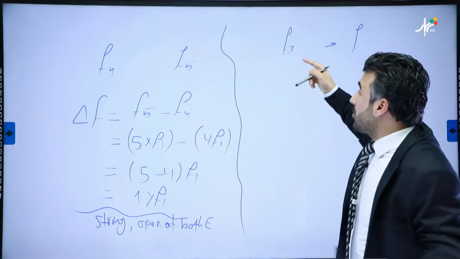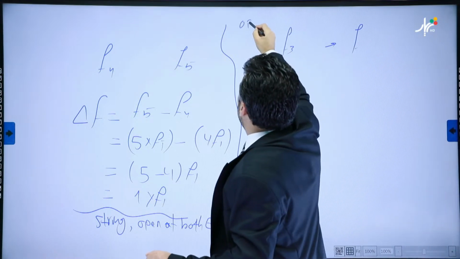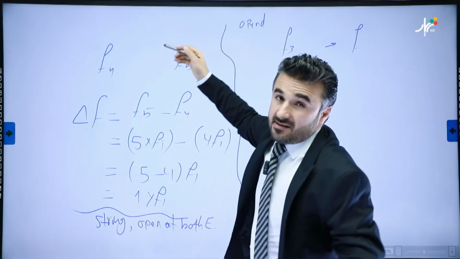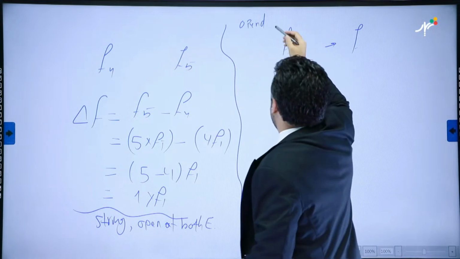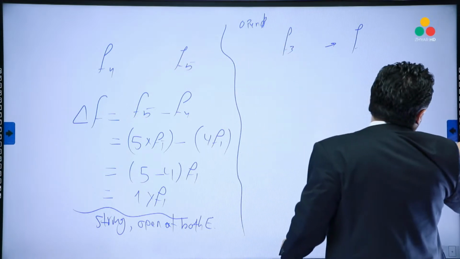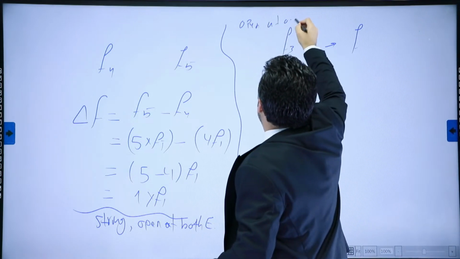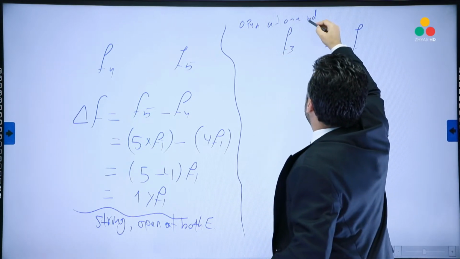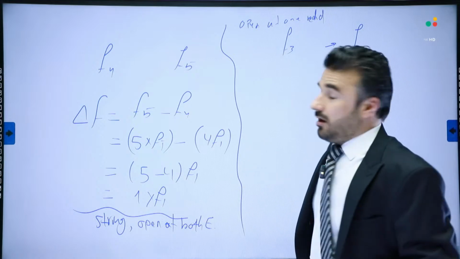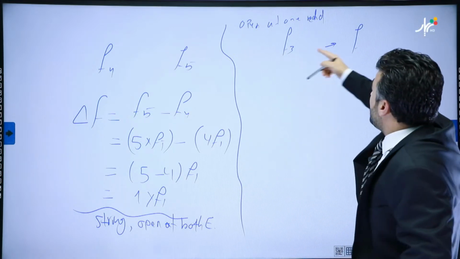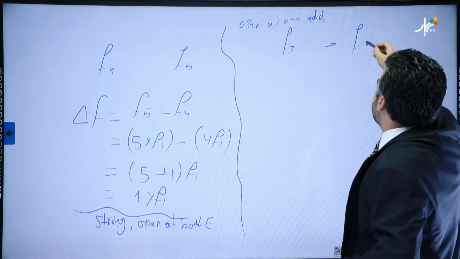Is it F4? No. Remember, this is a pipe that is open at one end, or you can say closed at one end, that is the same thing. So the one that comes after F3 is F5 here.